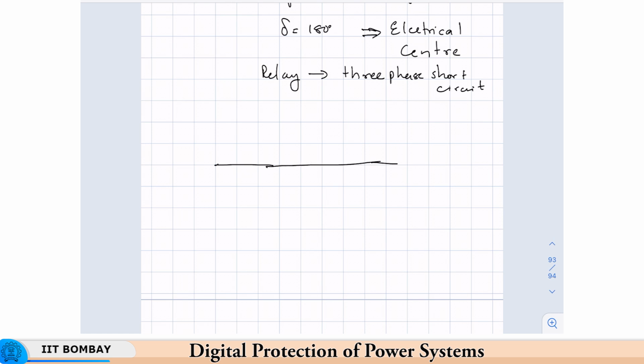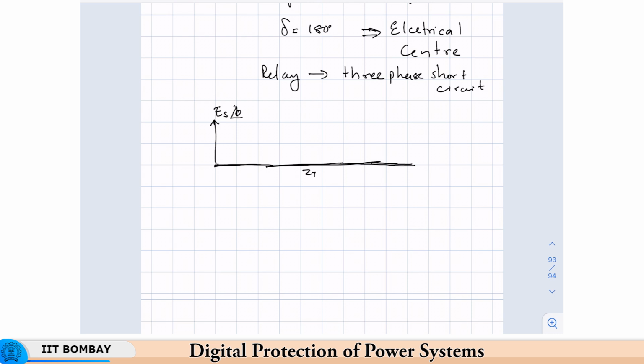So, just for the sake of discussion now, assume that this is our Zs plus Zl plus Zr, that is total Zt, Z total. This is the sending end voltage, and let us take this as a reference here. So, it is fixed at some angle here.